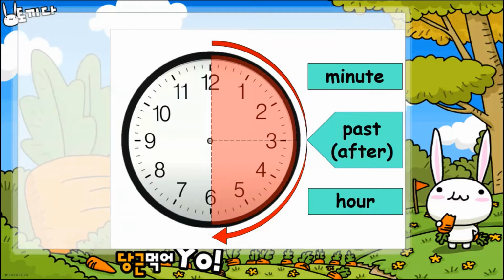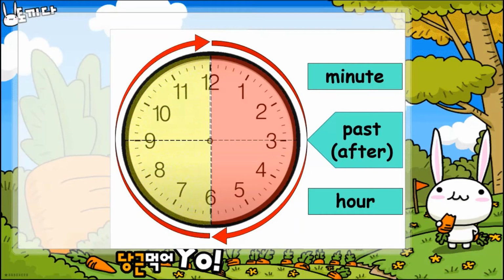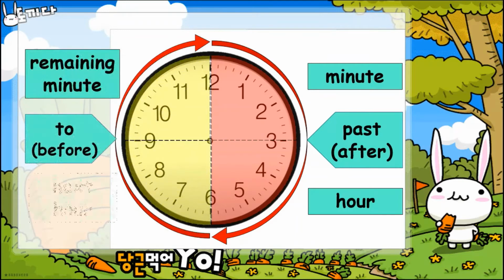While for minutes after 30, the minute hand points at the yellow part of the clock. We will read time as remaining minute to the next hour, which also means minute before the next hour.